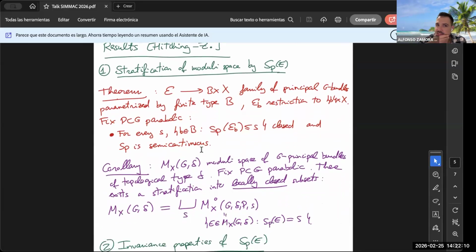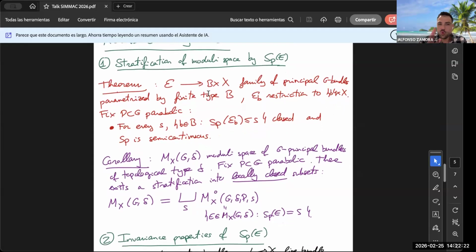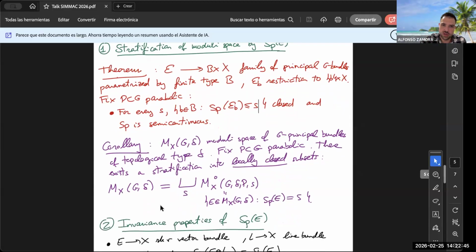So the result is, if we have a family of principal G-bundles varying over a base B, then E_b is the restriction to a point in the base B. We fix a parabolic P, then for every integer s, the set of points in the base B for which the Segre function is less than or equal to s is closed, and the function over the base B is semi-continuous. This allows us to produce a stratification of the moduli space of G-bundles.